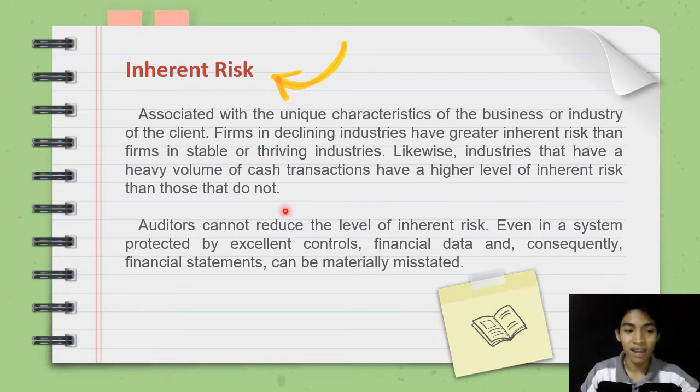Also, placing a value on inventory when the inventory value is difficult to assess due to its nature is associated with higher inherent risk than in situations where inventory values are more objective. For example, the valuation of diamonds is inherently more risky than assessing the value of automobile tires.